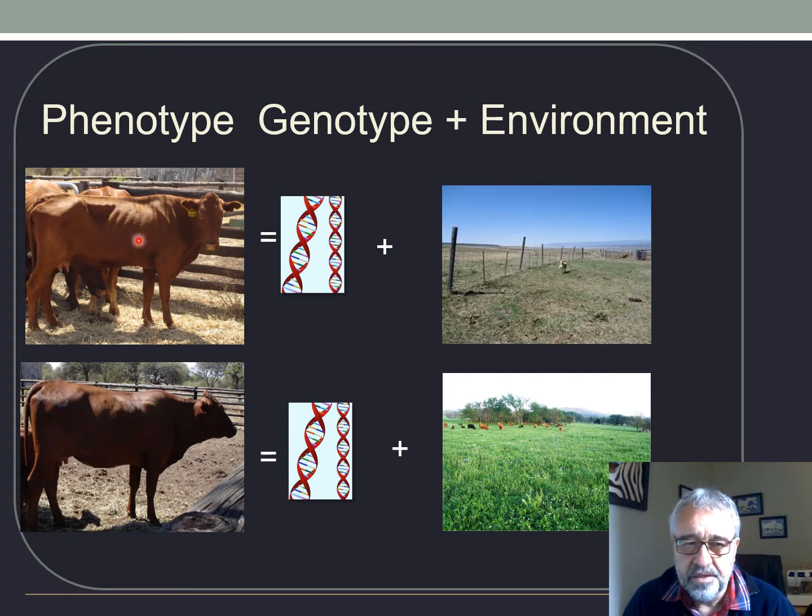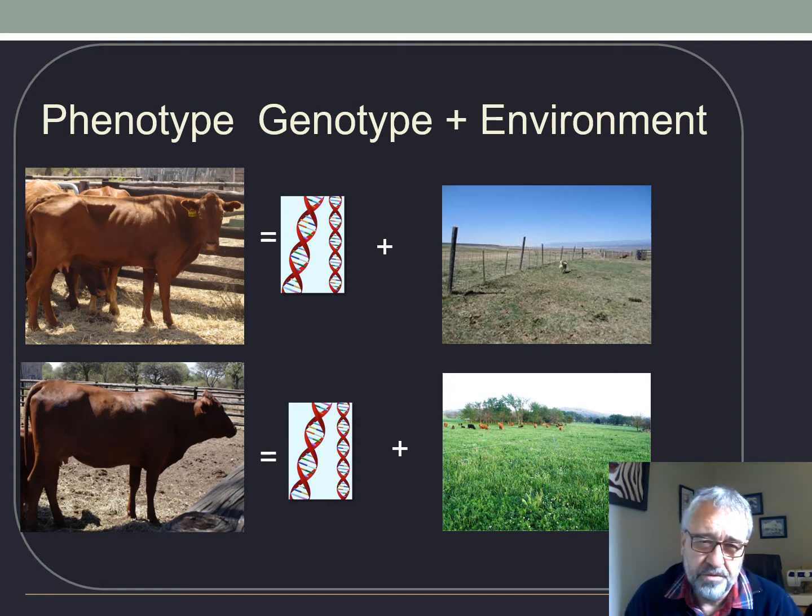In both cases, let's take the top example, our thinner cow might be superior in genetics in terms of body condition, but because she was subjected to adverse conditions, she ends up looking like that. And that could be just the reverse for the other cow. So we need to say that you cannot compare animals across environments if you do not have more information about certain properties or conditions.